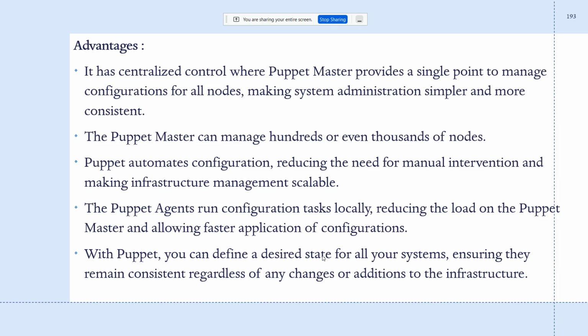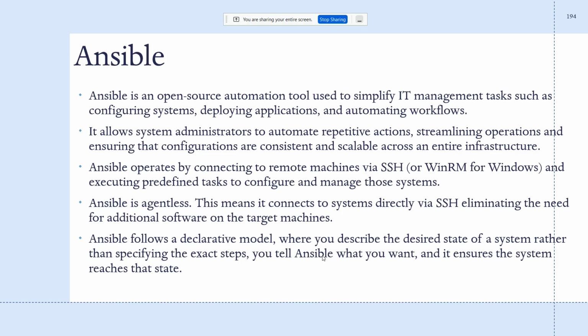Like, if I want a greater number of instances to be run for that application, to define that desired state, we can run and execute according to that configuration. Regardless, they maintain consistency regardless of any changes or additions to the infrastructure.